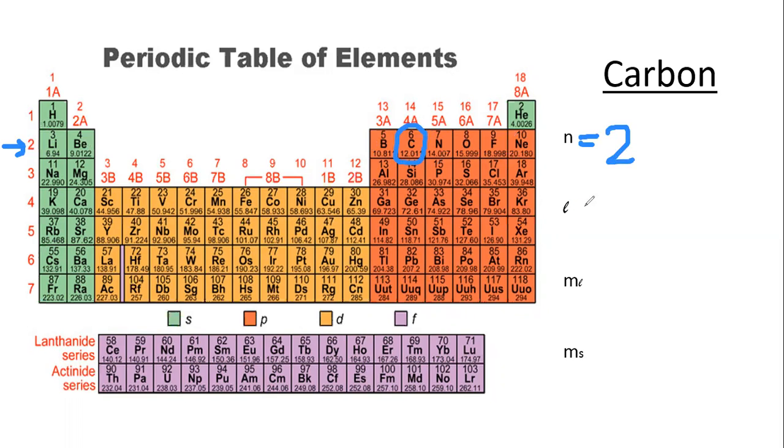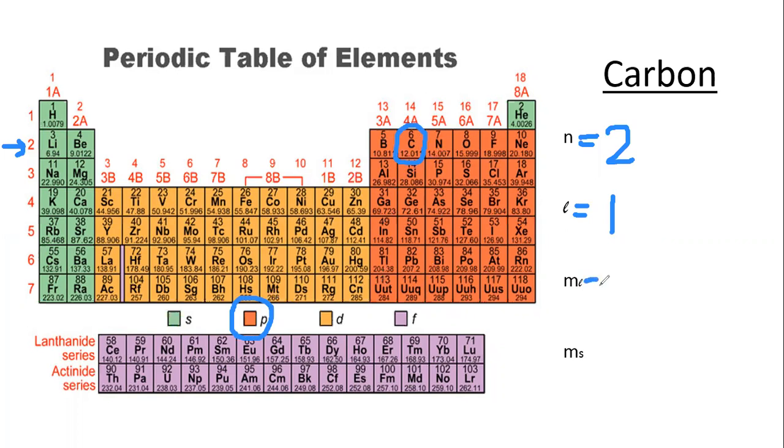For our L, we are going to look at where carbon is placed on the periodic table. So we talked about before that our L describes our suborbital shape. We know that carbon is in the p suborbital because of where it's located. So we are going to put our L quantum number as +1.